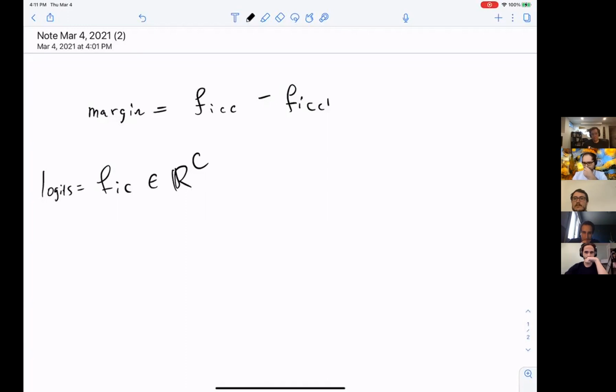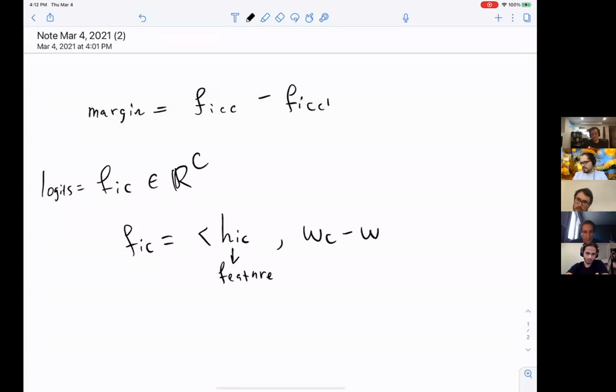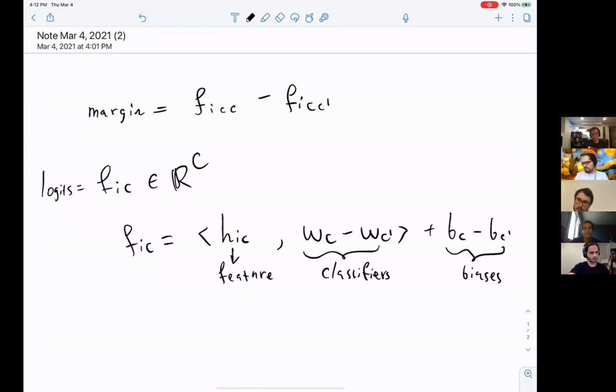And basically you can write these logits f_ic as the inner product of h_ic, which is a feature, with w_c minus w_c', which are classifiers, plus b_c minus b_c', which are biases, right?